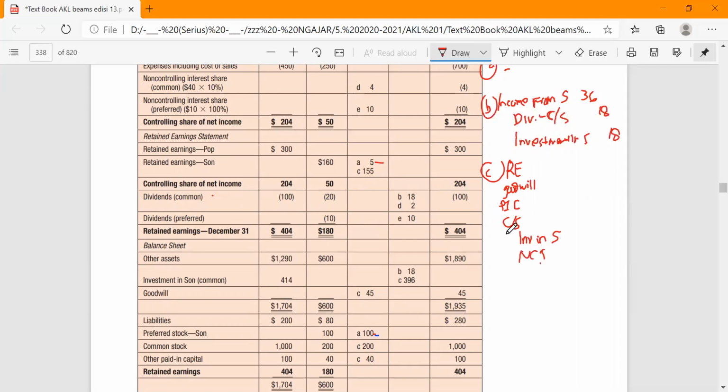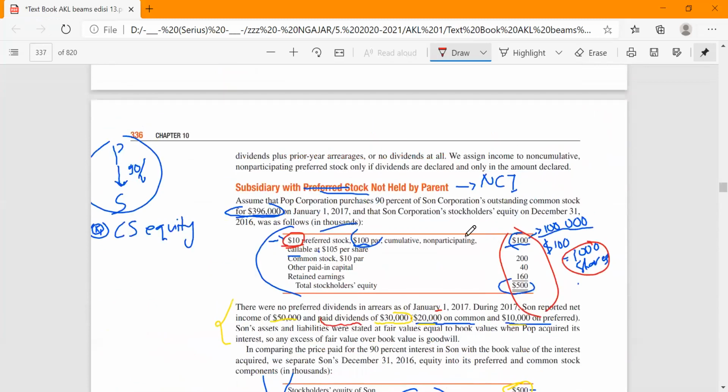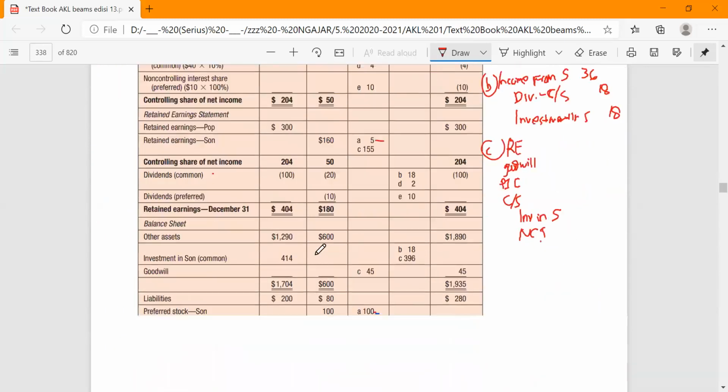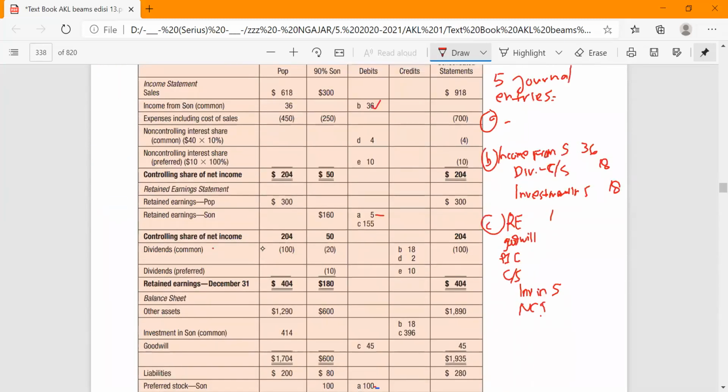Okay, so the retained earnings is this one, and then the goodwill as we calculated before, this one, and then the common stock is 200, and then the investment in S, this number and this number.